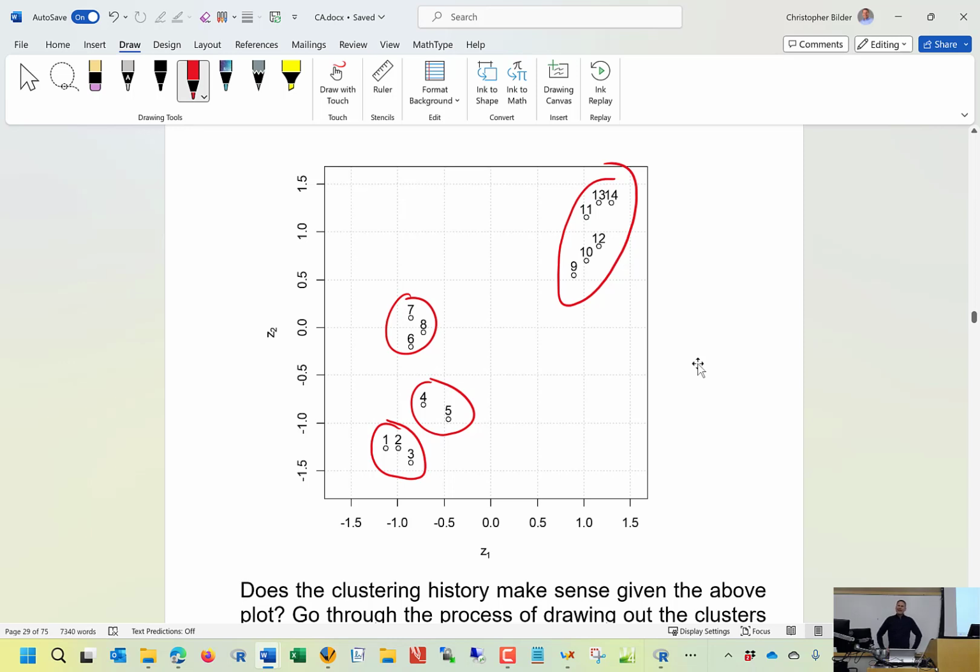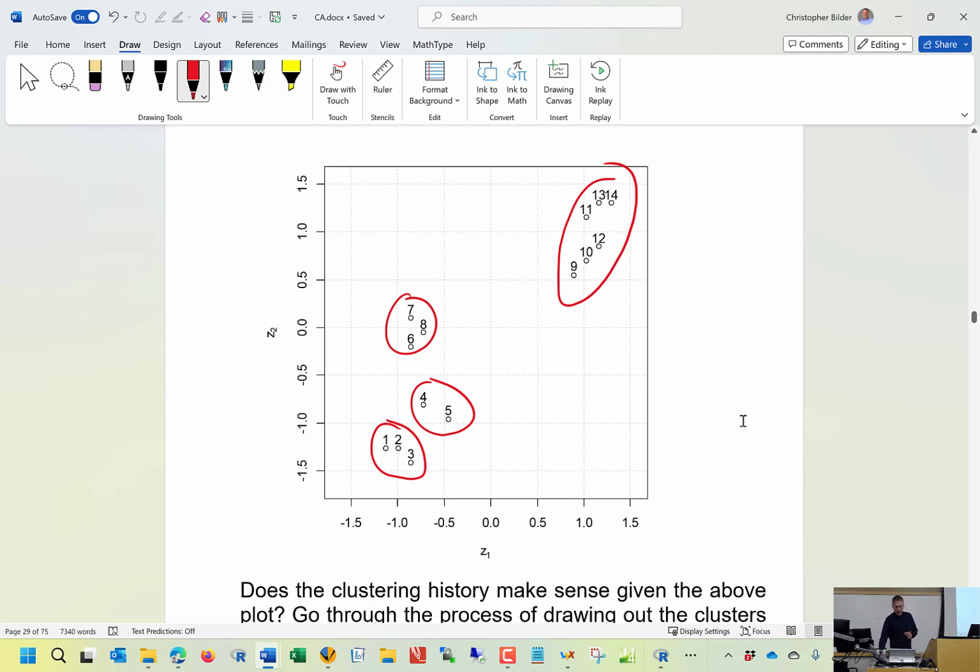And again, that makes some sense relative to what we see in this plot. Once again, in other applications, you're typically going to have many more variables, so you're not going to be able to see this in this kind of plot. Instead, you will have to rely on the tree diagram alone. And so it makes some sense to use 4 clusters.